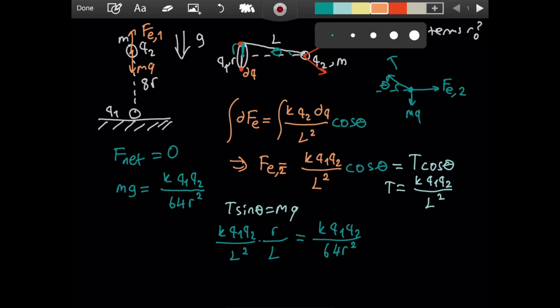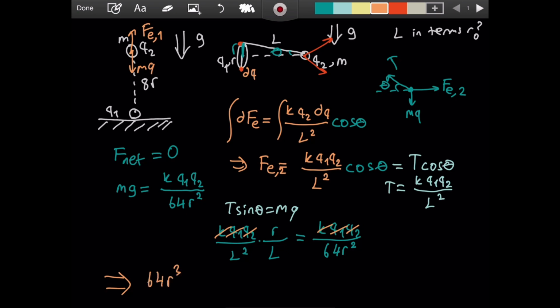And we see that all of these guys cancel. If we make this look prettier, you can see that this gives us 64R cubed equals L cubed. If we take the cube root on both sides, we get that L is equal to, now which number gives 64 when it is cubed? That number would be 4. So L is equal to 4R, and this is it.